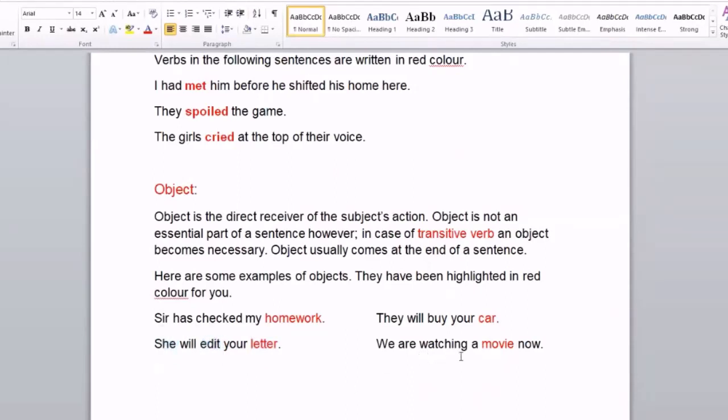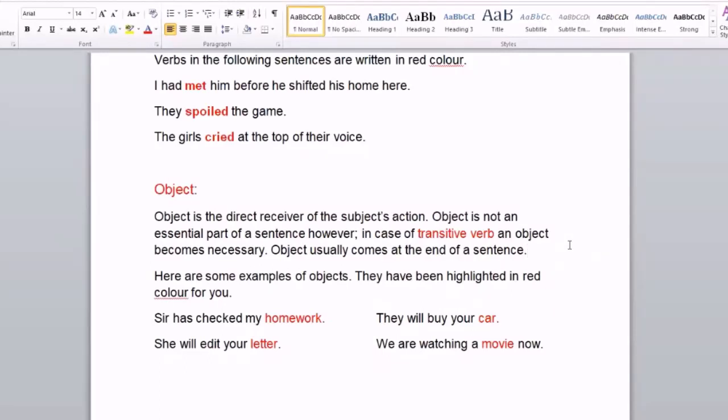Okay. We are watching a movie now. So movie is our object here. So subject is doer, verb is work, and object is the thing or place which receives subject's action, or in simple words, in which we do something.